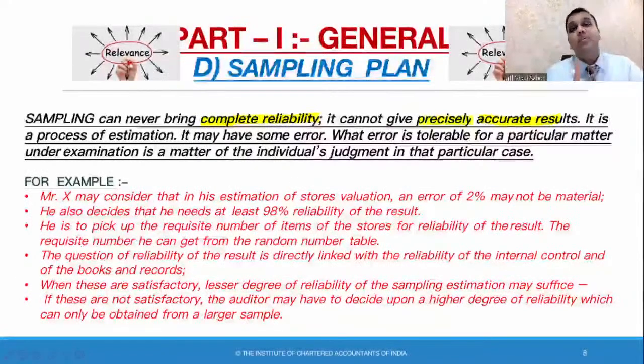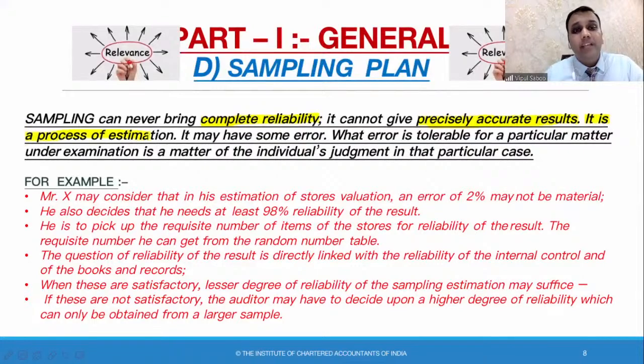Sampling can give accurate results, but not precisely accurate results. You cannot say 100%. It might be 100% good, it might not be. There can be an error of 2 to 3%, 5%, because sampling is just a process of estimation.